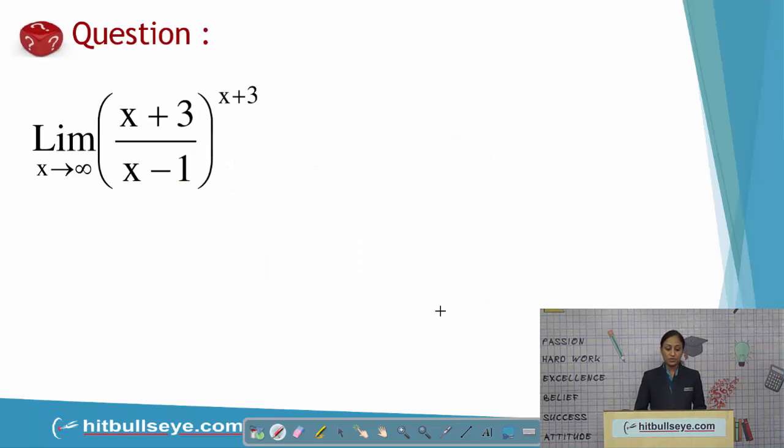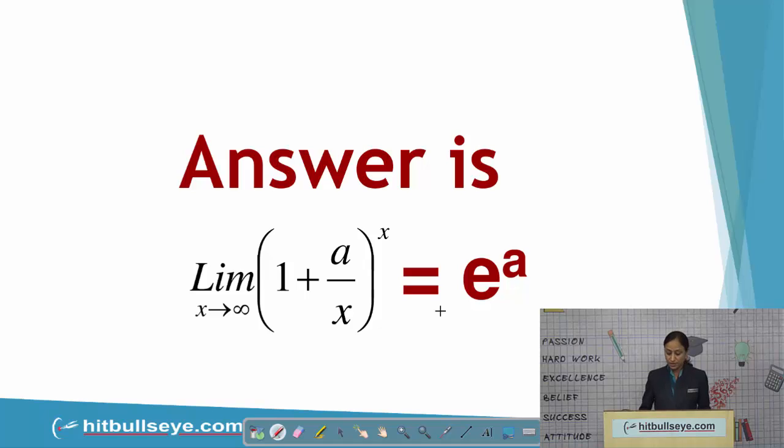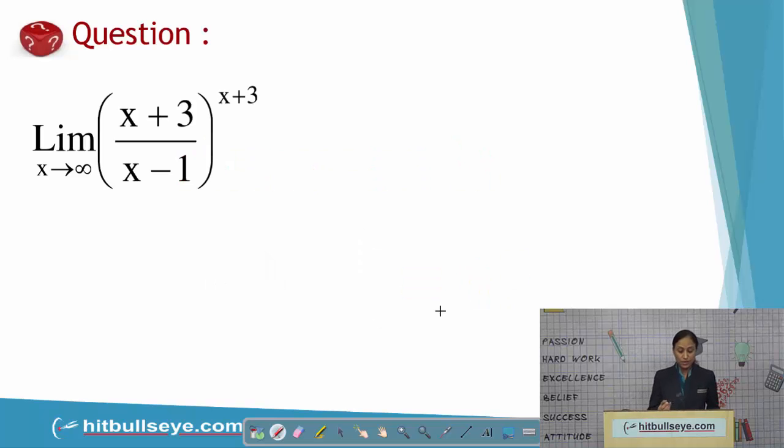Let's take up this question, which you will see will be based on the limit that you just talked about. So we will be using this limit (1 plus a by x) raised to power x is equal to e raised to power a. So to begin with this question, we will first of all split this 3 as minus 1 plus 4.